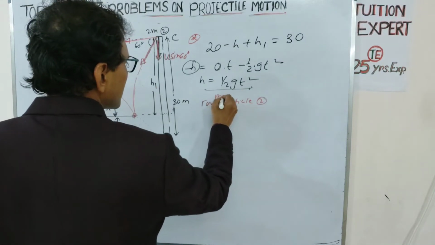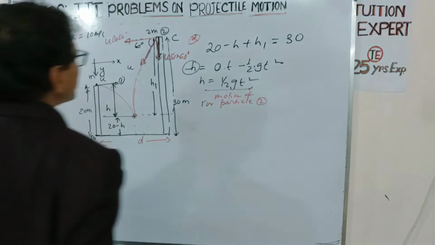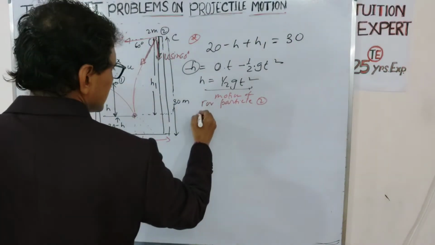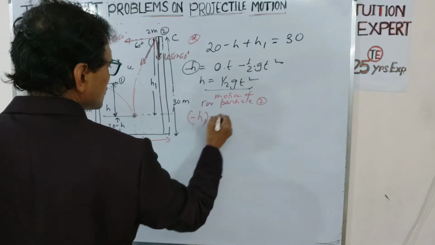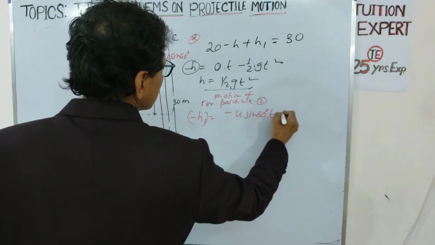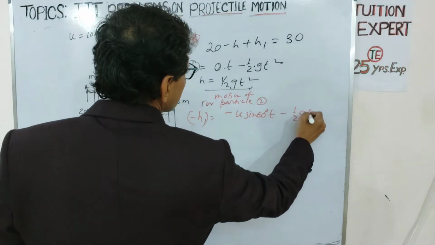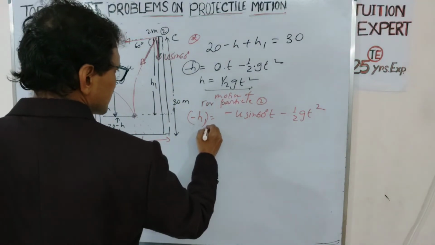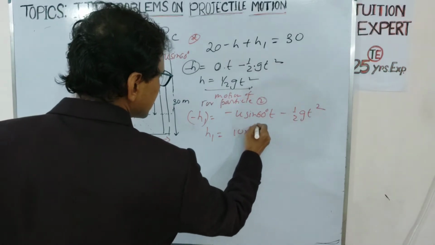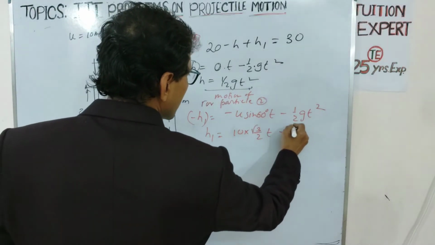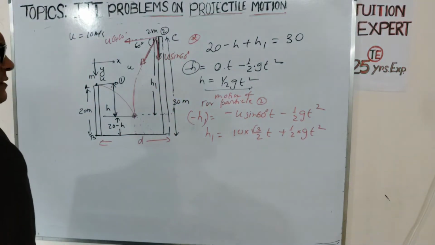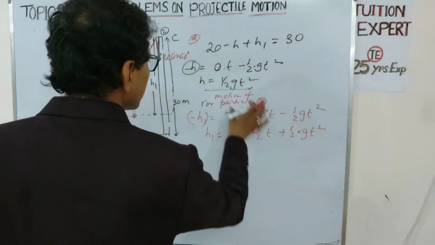For motion of particle 2, h1 equals minus u sin 60 degree t minus half g t square. So h1 equals 10 times sin 60, root 3 by 2, t plus half g t square. h1 will be this and h will be this.